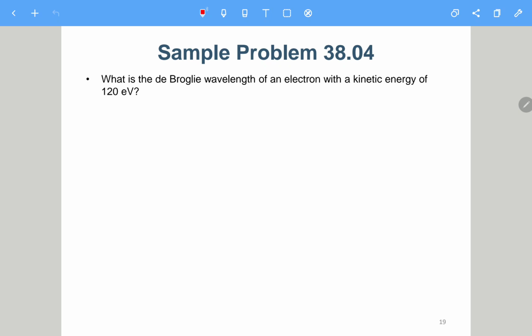Okay, so let's see a sample problem here. What is the de Broglie wavelength of an electron with a kinetic energy of 120 eV?